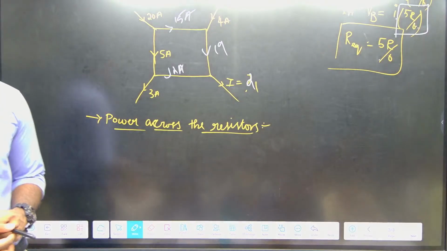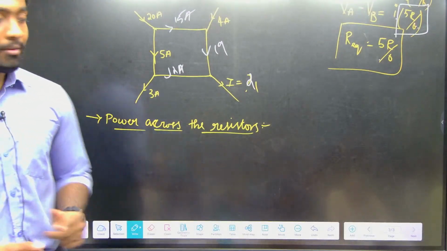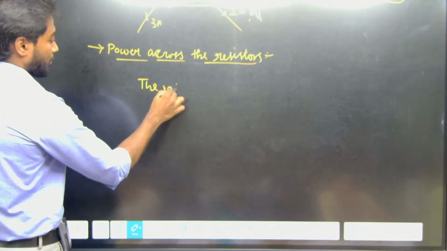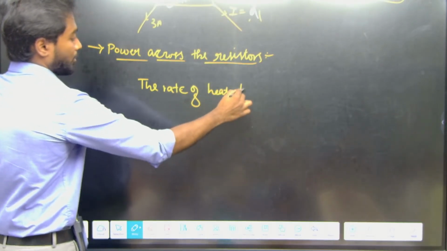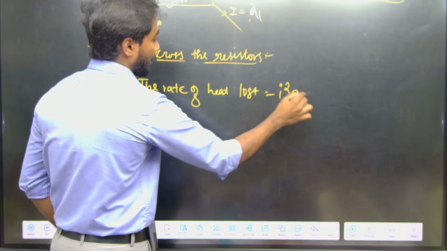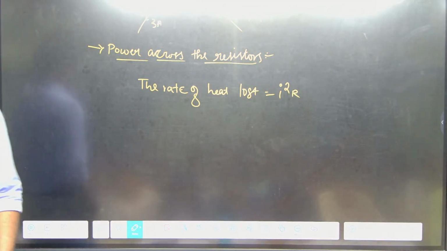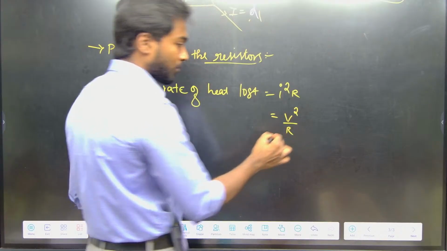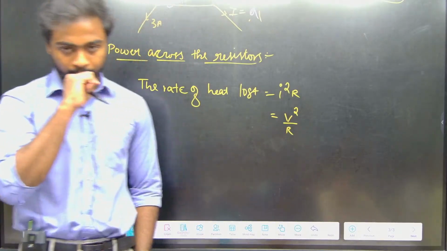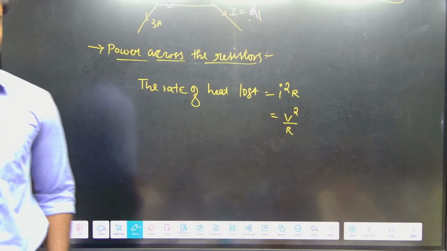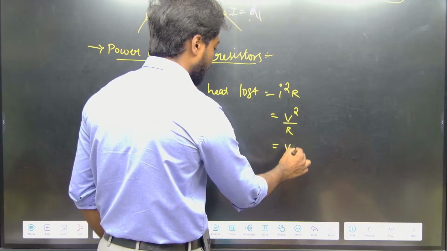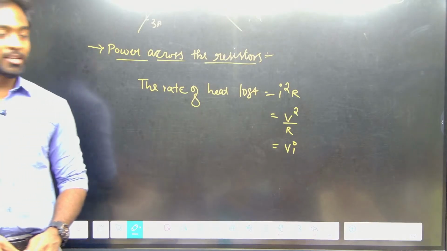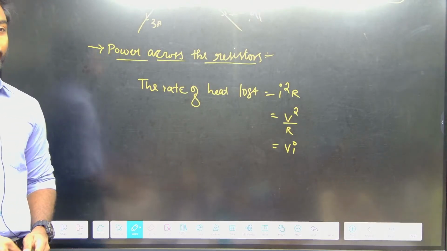So the formula is the rate of heat lost is equal to I square R, or else I can write this as V square by R also, or else it is V into I. So three formulas: in terms of current and resistance, in terms of voltage and resistance, in terms of voltage and current.